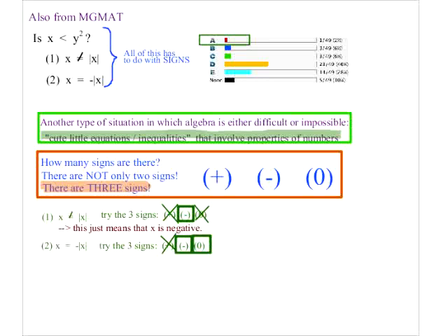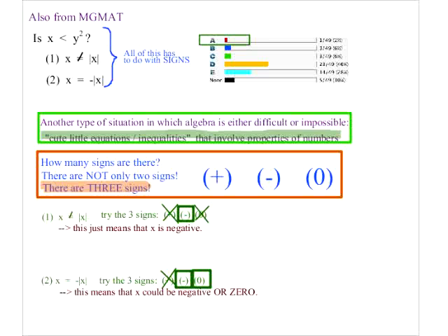Like, if you plug in 0, then negative 0 is still 0. 0 equals 0. That's a true statement. It works. So this means that x could be negative or 0. And that turns out to make all the difference in the world on this problem.